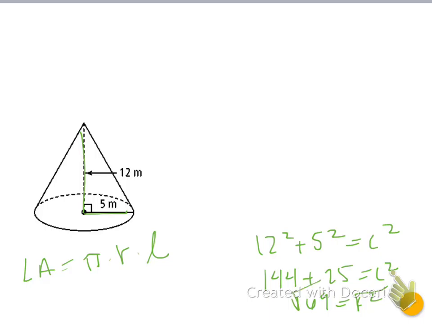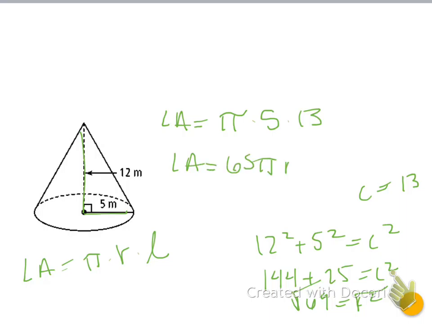We square root both sides, so c equals 13. So my lateral area is pi times my radius of 5 times my slant height of 13. We're going to leave it in terms of pi, so my lateral area equals 65 pi meters.